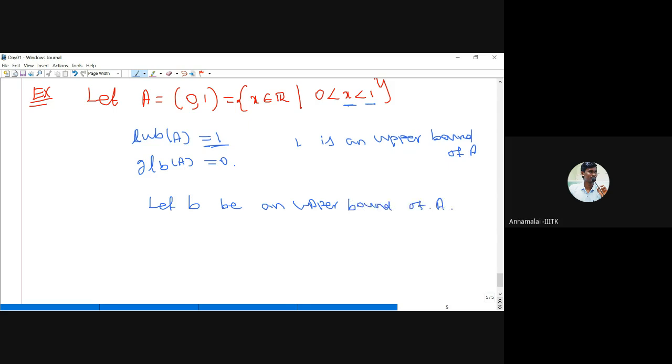Okay, now what is the idea? Suppose b is an upper bound, therefore every element of A is smaller than this small b. Now how to prove this one? What is our claim? We have to prove that 1 is less than or equal to b, because we have to prove that 1 is the smallest among all the upper bounds. 1 is the least one.